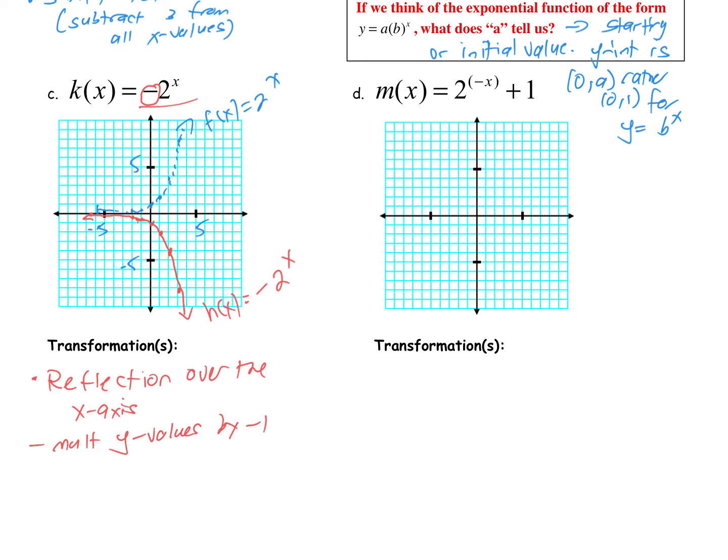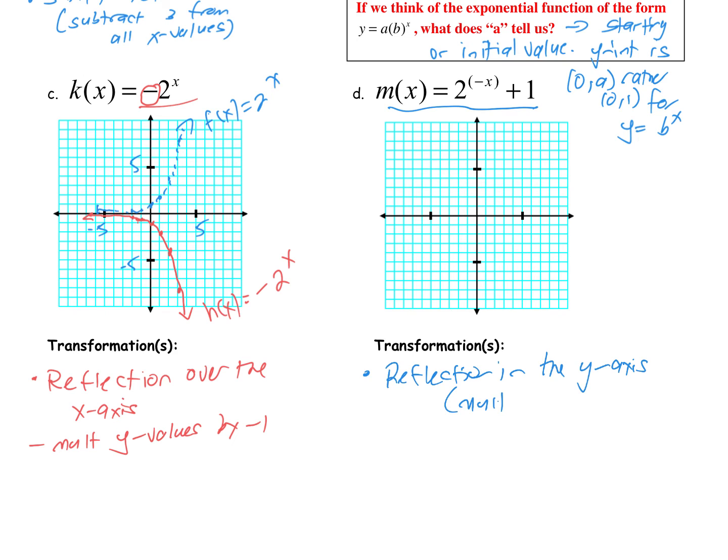Last one we're going to take a look at is m of x here. So m of x is 2 to the -x plus 1. So what transformations do we have? Firstly, we have a negative x instead of positive x. So when we have that, that is a reflection in the y-axis.